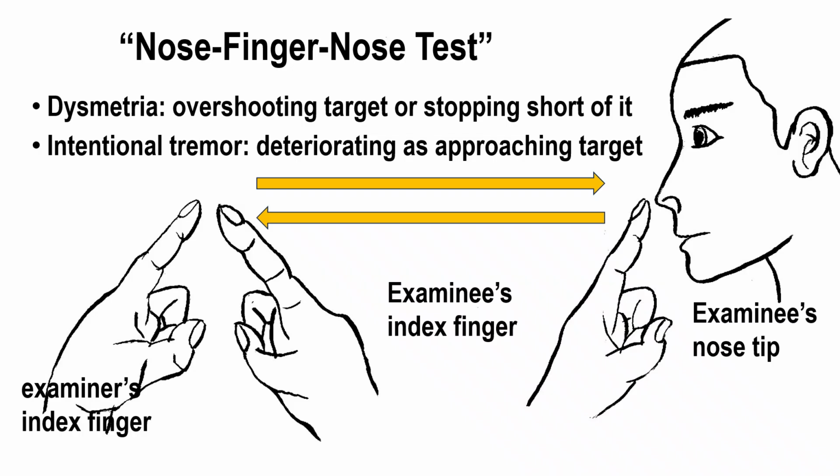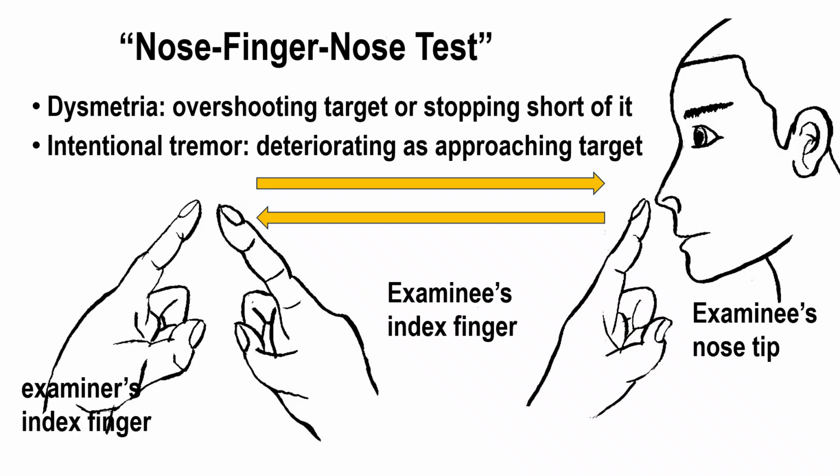This is about the nose finger nose test, a neurological test used to check the ataxic movement disorders of the upper limbs associated with cerebellar damage.